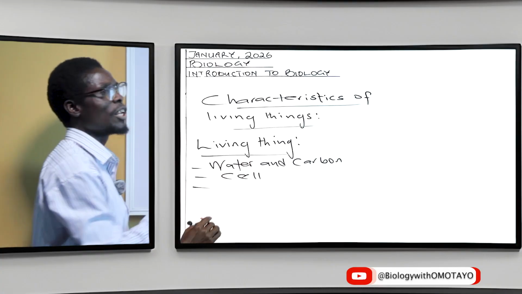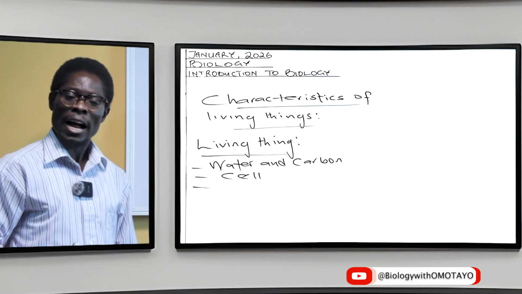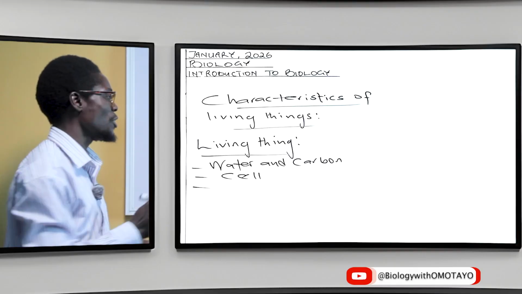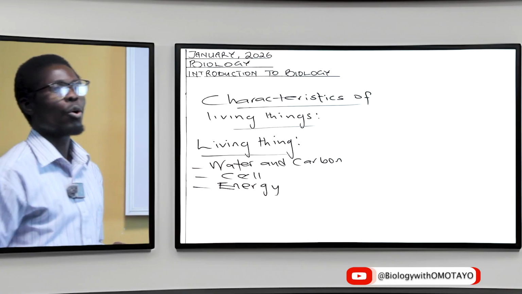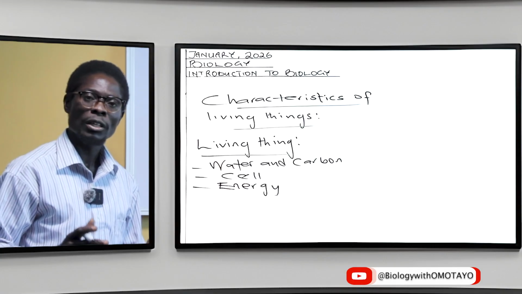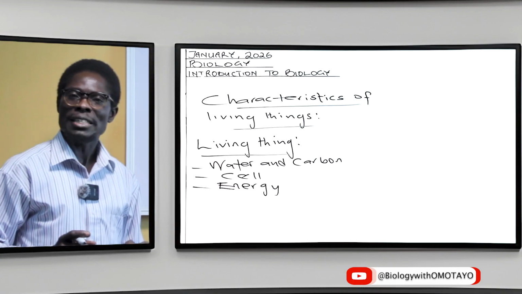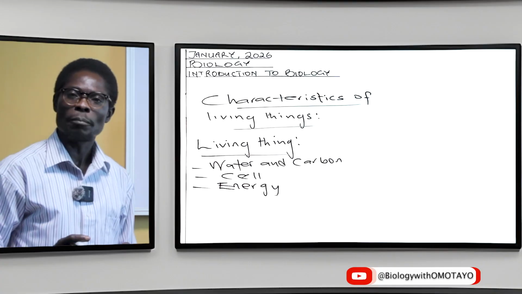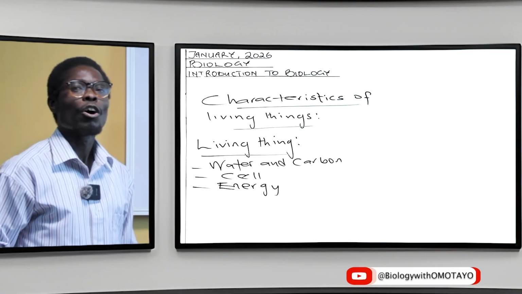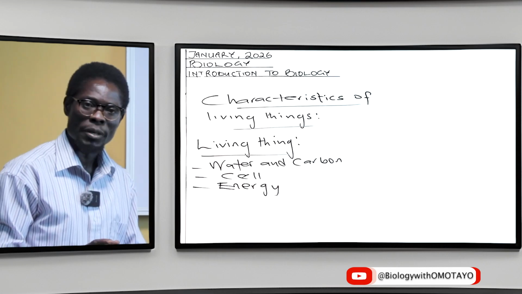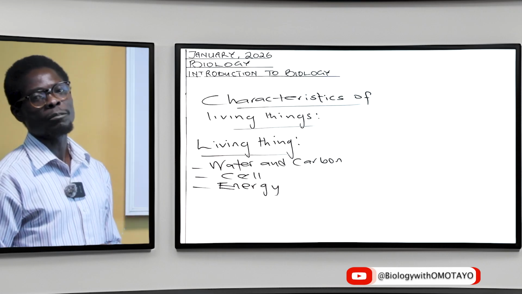Next, living things are always in high demand of energy. So, with the presence of water and carbon, the presence of cells, as well as the high demand for energy, a conclusion can be reached that whatever is being examined is a living thing.